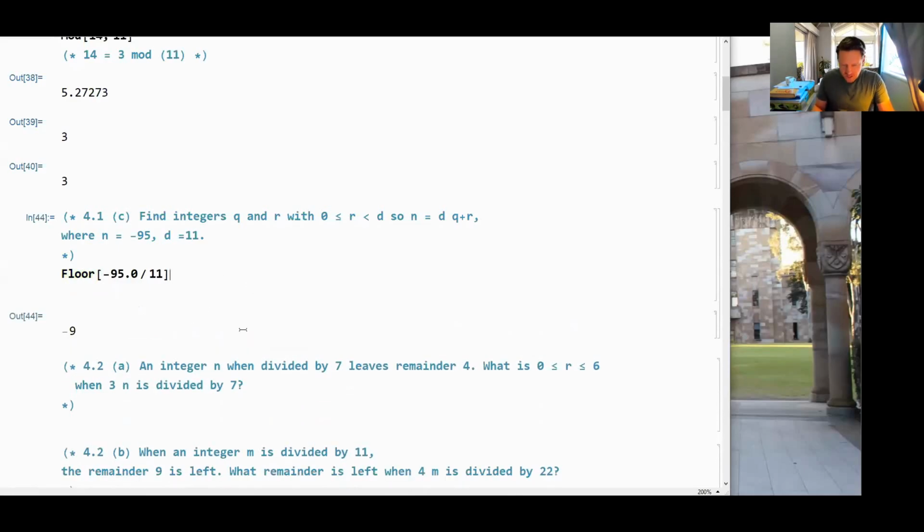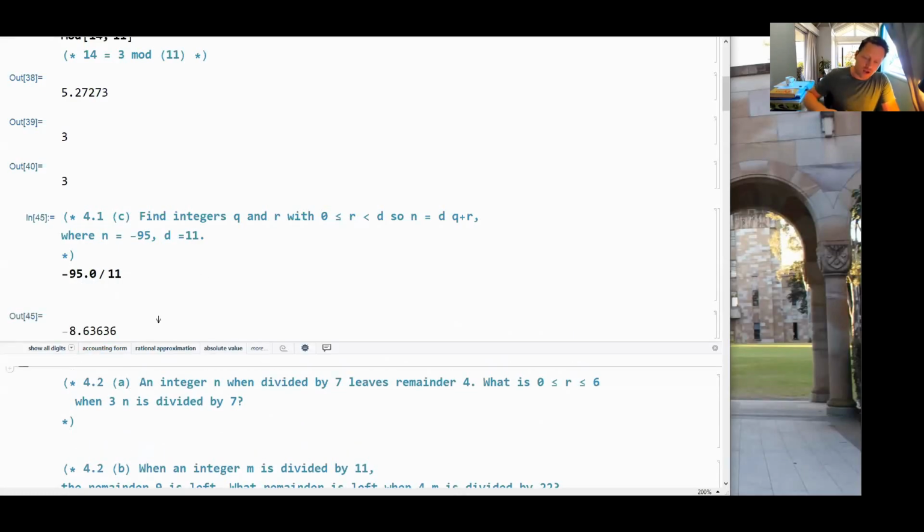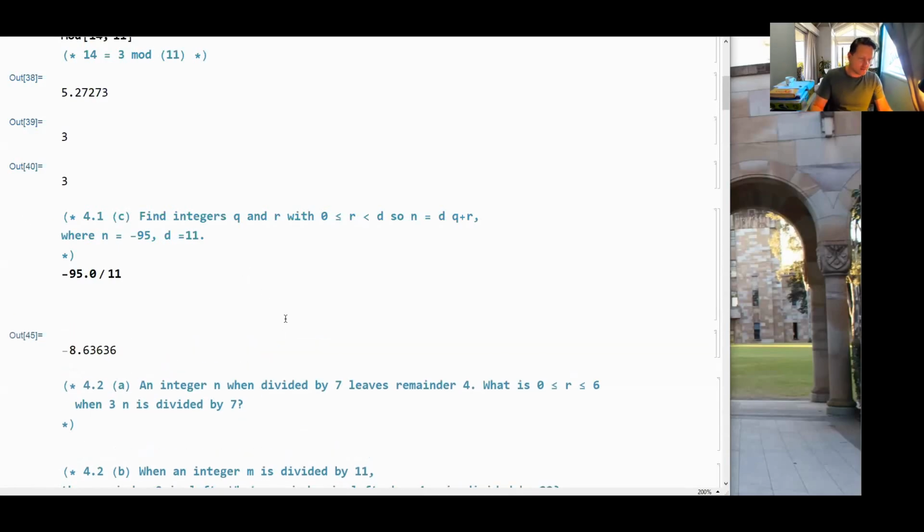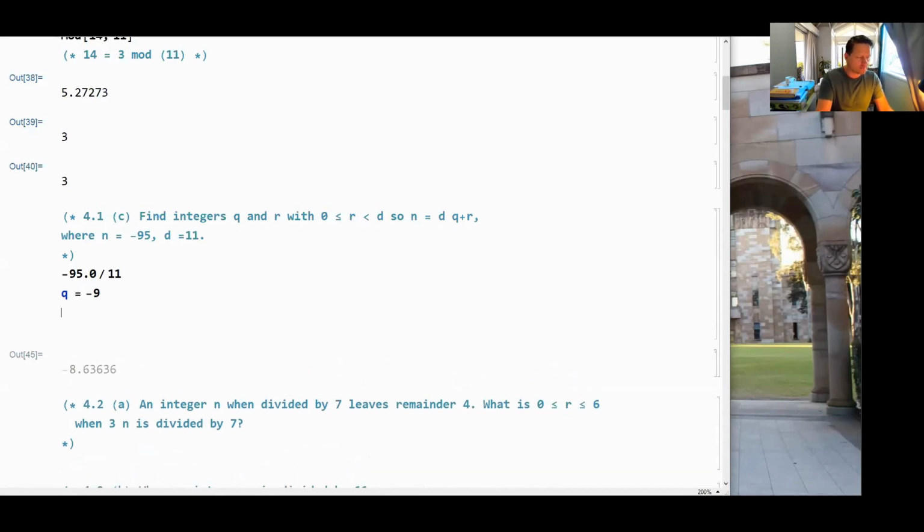So just watch out when they are negative. We want to round to the greatest integer less than or equal to, and it's a little bit tricky when it's negative. So what we find here is that q is equal to -9. Okay, so we've got that now. What we want next is the remainder.